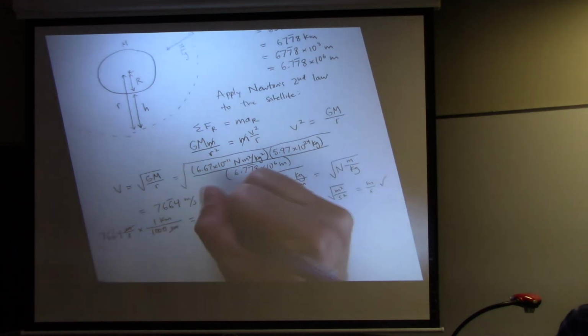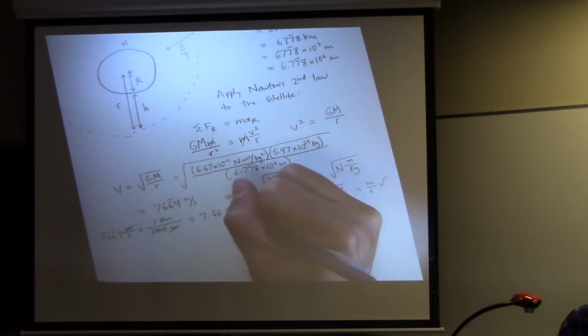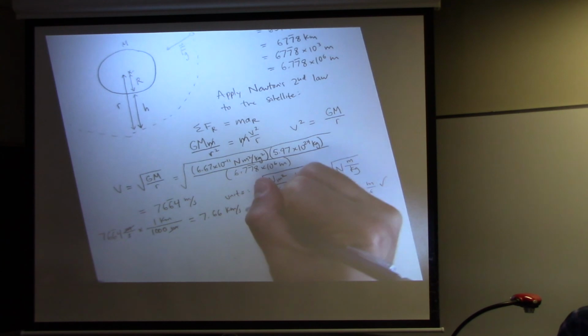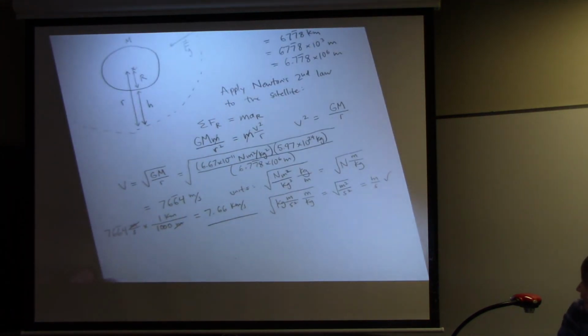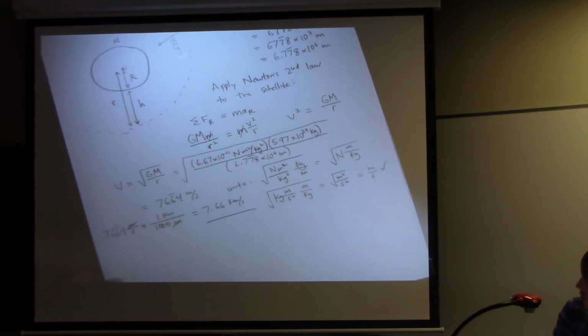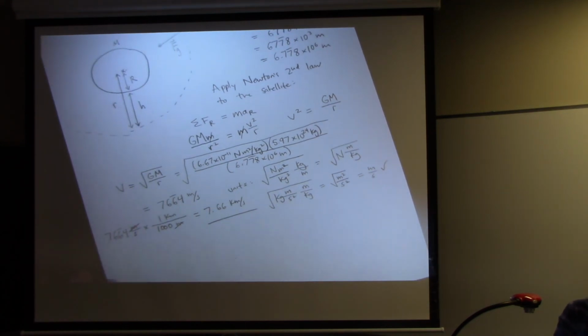And so we get 7.66 kilometers per second when we round it off to the right number of sig figs. So I just want to point out that that's an absolutely ridiculous speed. It's moving really fast. Every second that passes, it moves almost 8 kilometers. Okay? There's pretty much nothing on Earth that you can think of that's moving that fast. Okay, so it's a truly extraordinary speed.